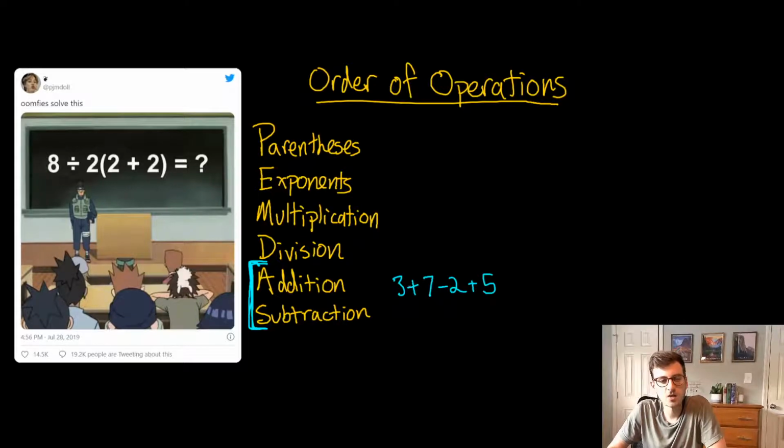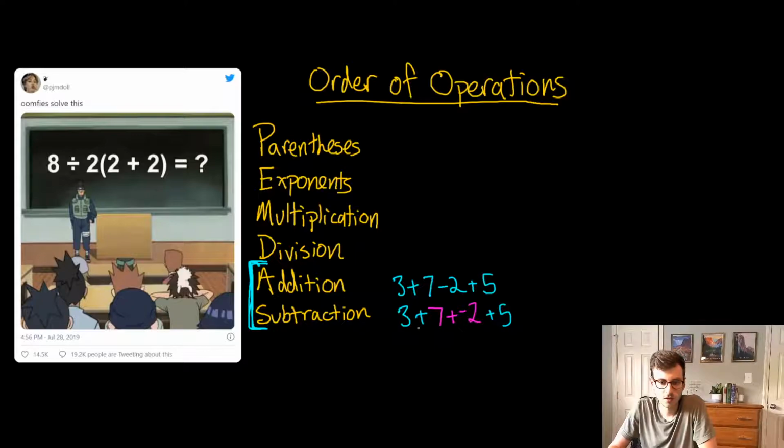But many of you might say, well, I need to make sure that I do both of my additions before I subtract. Here's what I want you to think about. 3 plus 7 minus 2 is the same as 3 plus 7 plus negative 2 plus 5. 7 plus negative 2 is the same thing as minus 2.